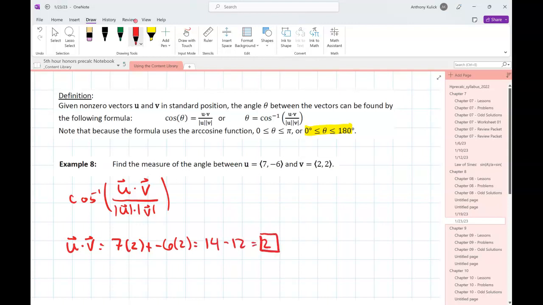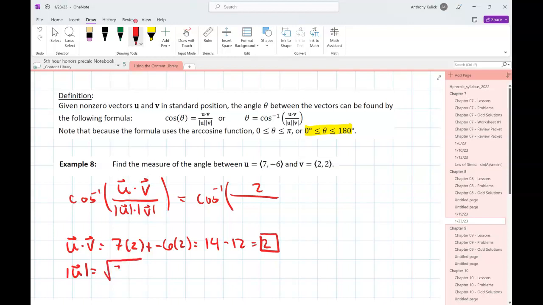So the dot product is 2. How do I do the magnitude? Do you guys remember?